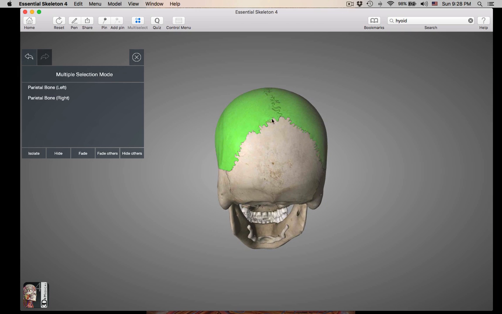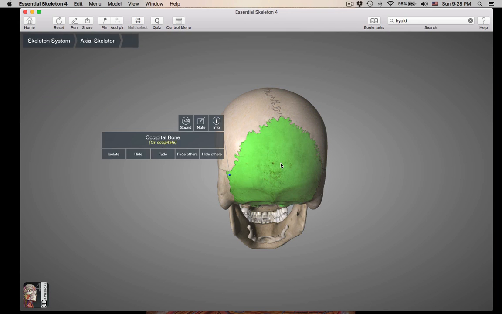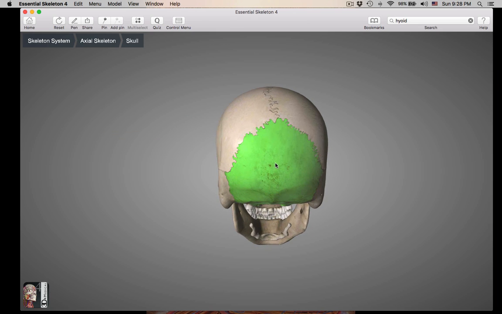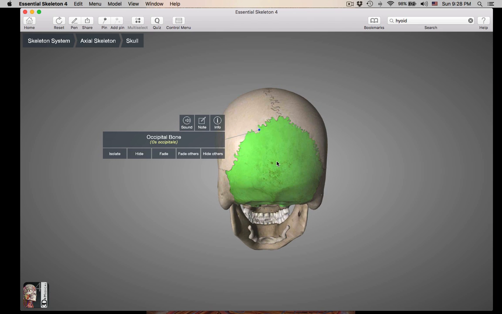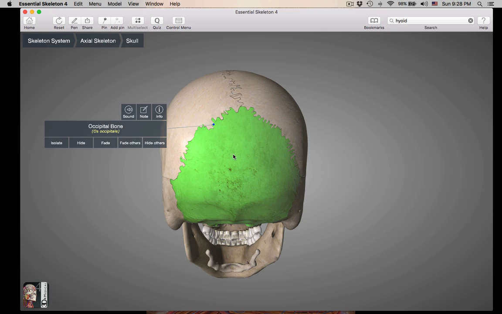Now on the back part of the skull, we're coming to another bone, the occipital bone. You guys already kind of know this. This is the occipital region, right? The back of the head. This is your occipital bone.